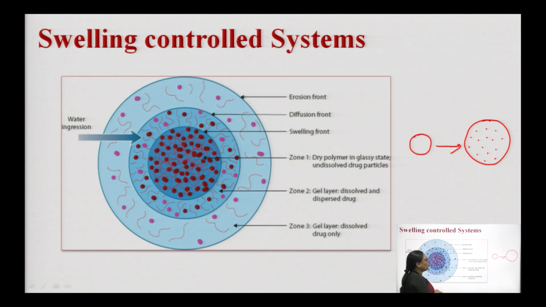Now, the second zone, outer to the innermost zone 1, zone 2, comprises polymer which has gelled up or swelled up, right, and this polymer contains drug both in dissolved as well as dispersed state.